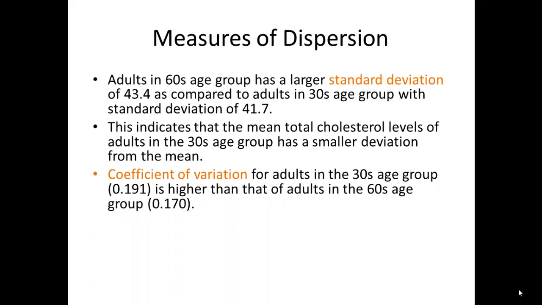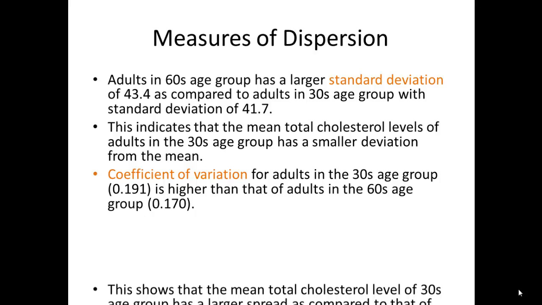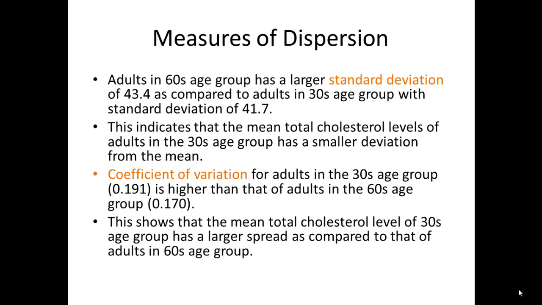The next measure is the CV. The CV for adults in the 30s age group is higher than that of adults in the 60s age group by 0.021. This also indicates that the 30s age group has a larger spread compared to the adults in the 60s age group.